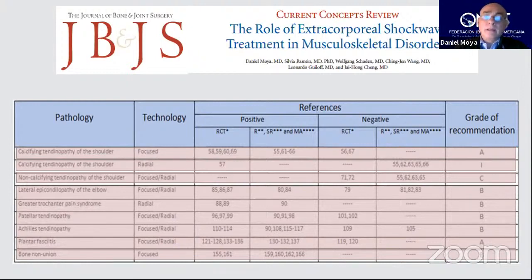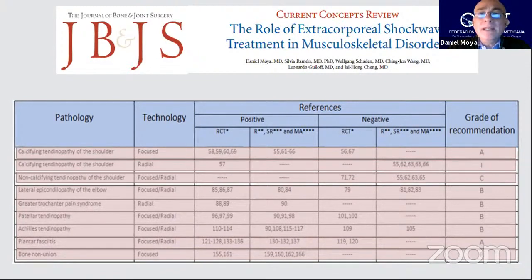Even those who are in favor or those who are against the use of waves in this condition are papers of bad quality, in which, most of them, not all, the criteria for inclusion, exclusion, the way they made the diagnosis is not clear.